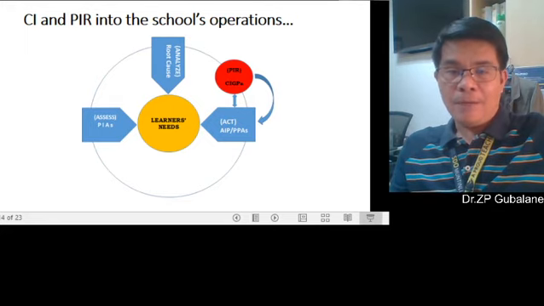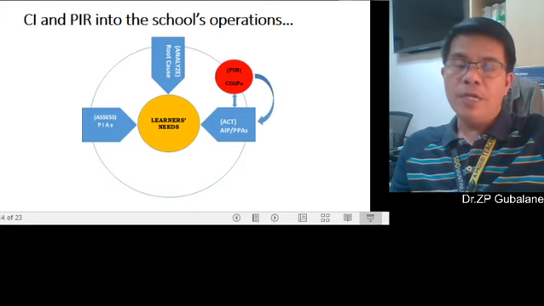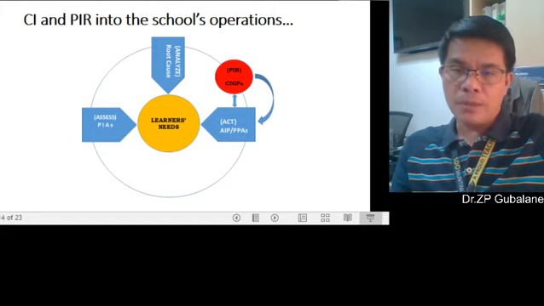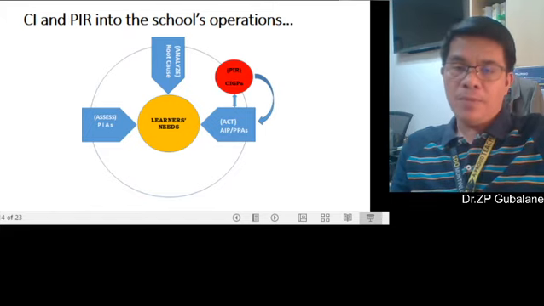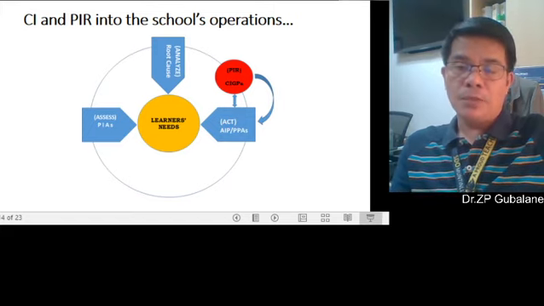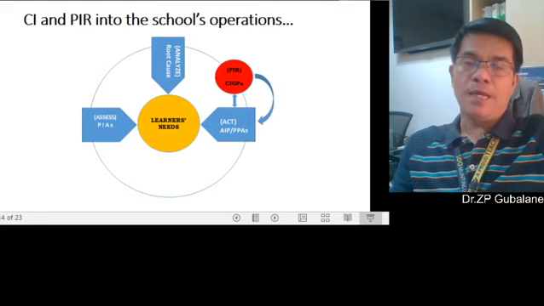And when we improve our implementation processes, then there can be a big possibility for the school to achieve its terminal goal, the ultimate goal of the school. So what I mean is that we still have time to work on these issues, concerns, and problems, so that at the end of the school year everything will be okay as expected.